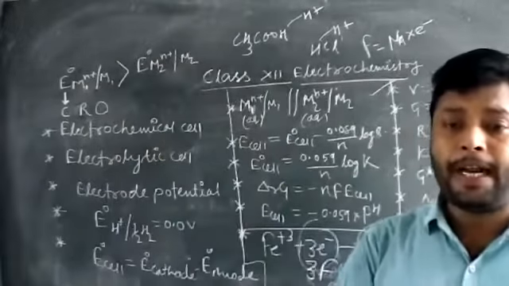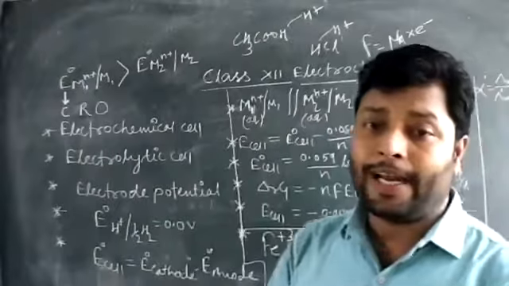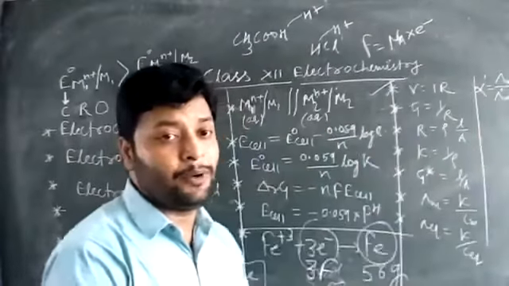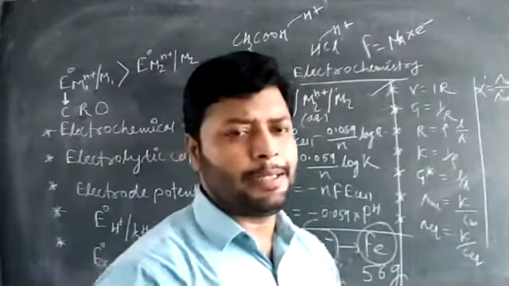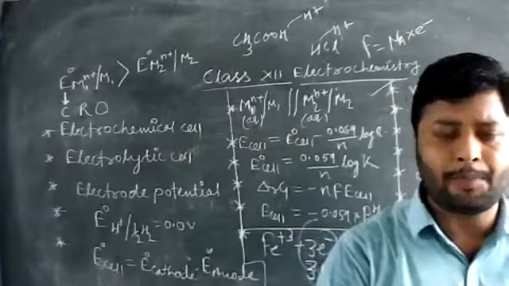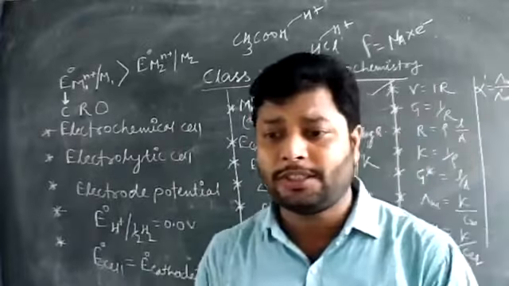So by using Faraday's law, you can calculate the amount of mass deposited. This is all about the concept. The whole lecture is all about only the concept. But how to calculate the quotients?